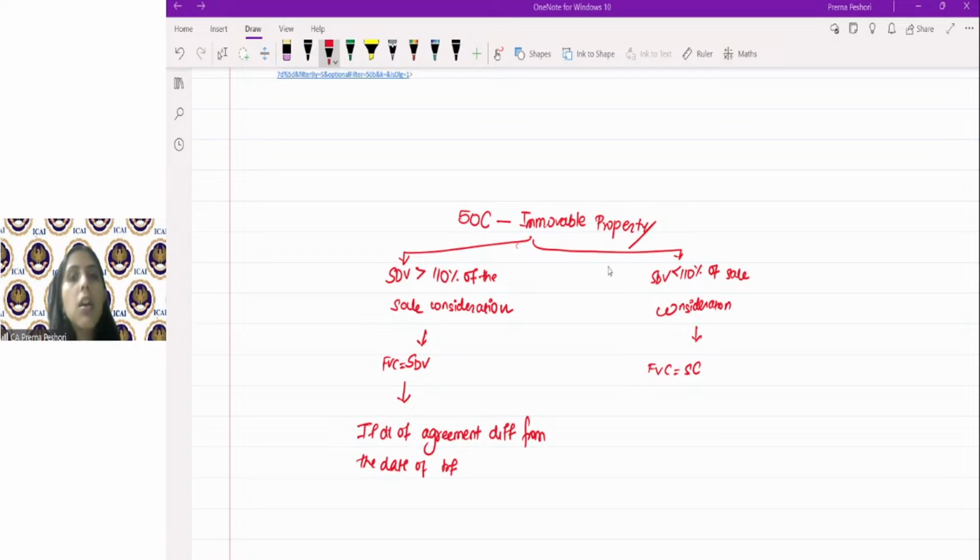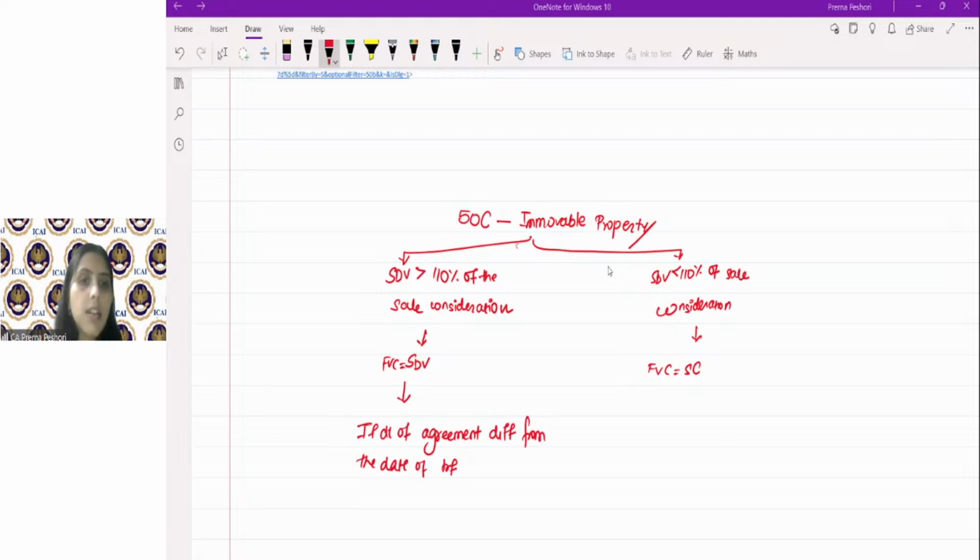If the date of agreement is different from the date of transfer, and the consideration entirely or partly is received on or before the date of the agreement.